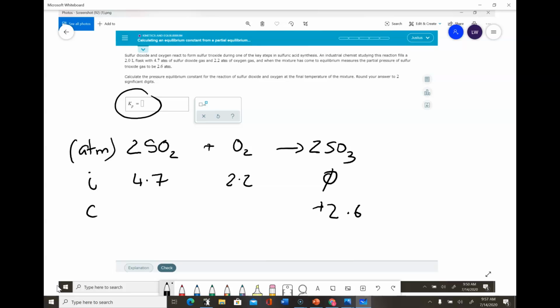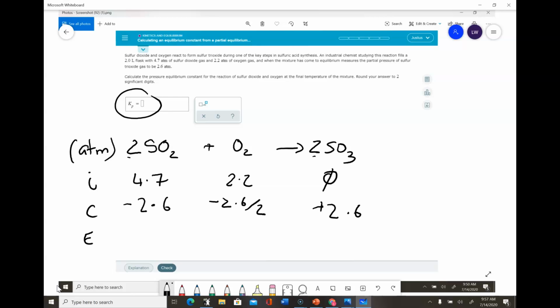Now you see how these guys have the same coefficient. That means that the SO2 is going to go down by 2.6. And then we can see here that for every 2 moles of SO2, we only use up 1 mole of O2. So O2 is going to go down by 2.6 over 2.